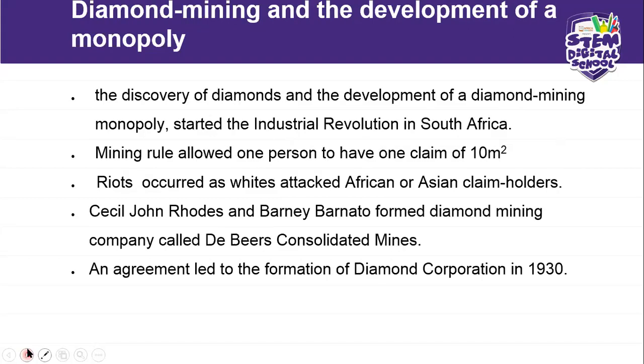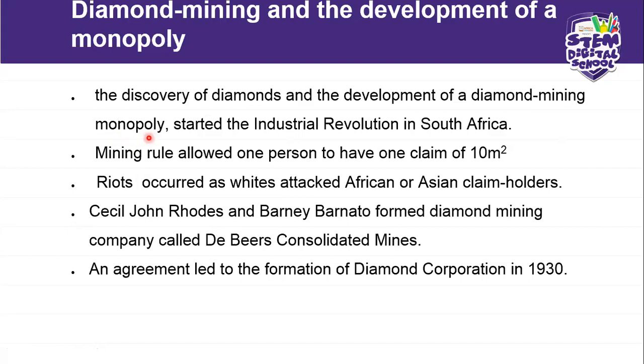And then we look at diamond mining and the development of a monopoly. The discovery of diamonds and the development of a diamond mining monopoly started the Industrial Revolution in South Africa. I want you to do something for me. Research the word monopoly.